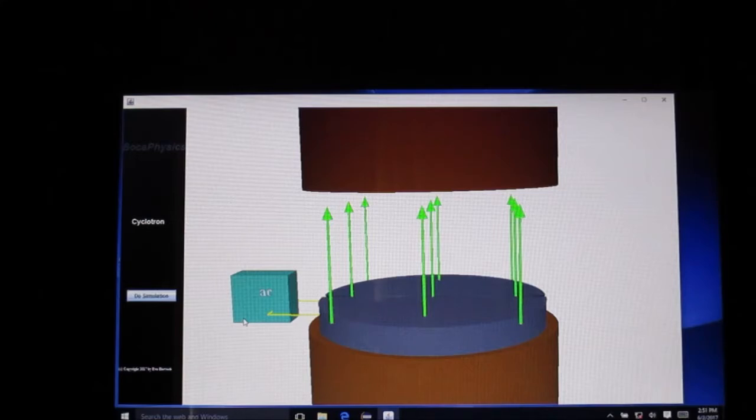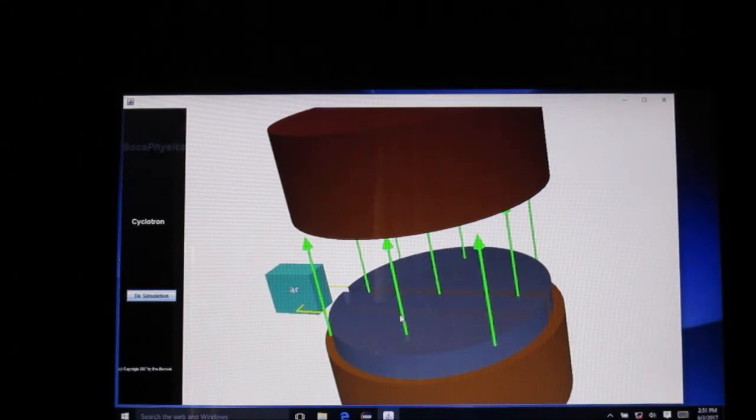The cyclotron is composed of a large magnet that produces a uniform magnetic field. The green arrows indicate the presence of the magnetic field. And also there are a couple of hollow electrodes called Ds because they are D-shaped. And the Ds are hooked up to an AC supply.